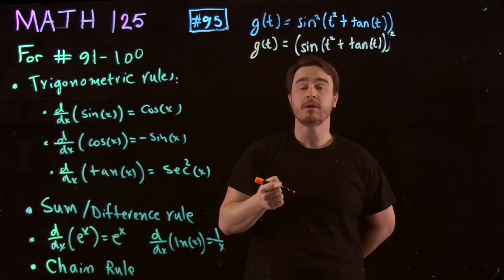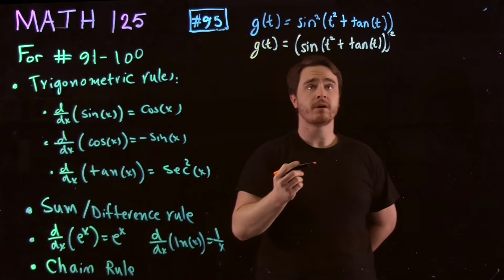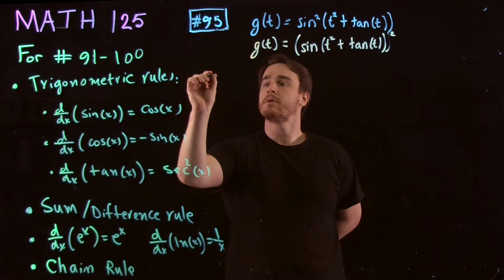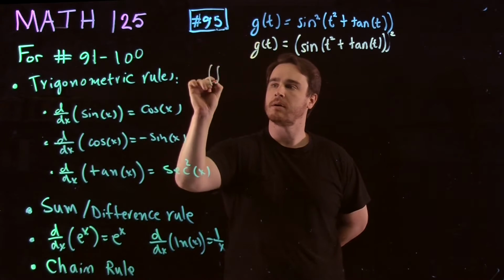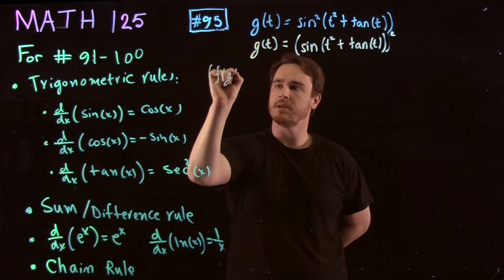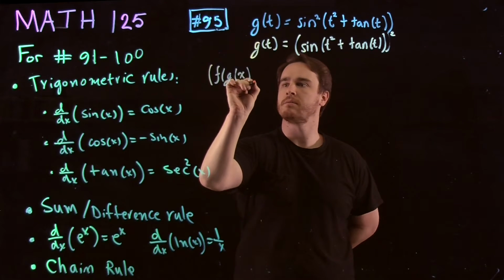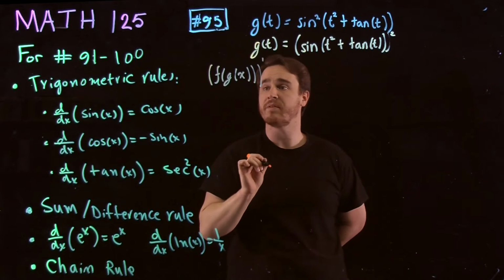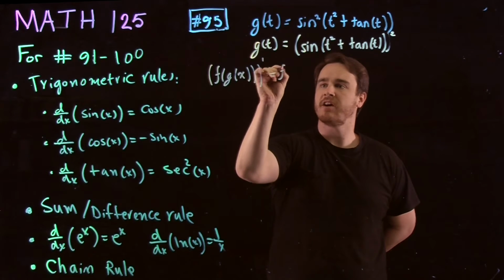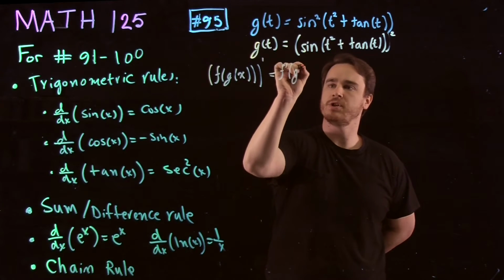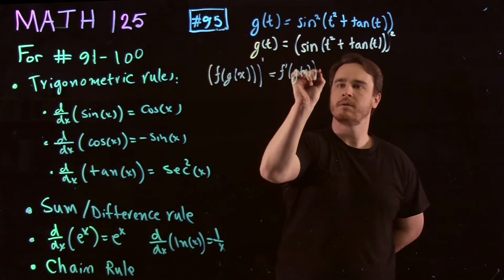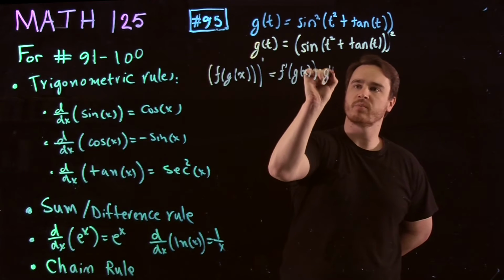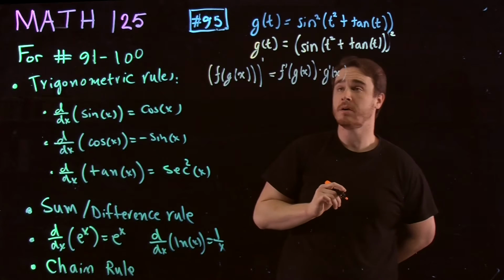So here we have multiple sets of parentheses. That should be your clue to know that we're going to be doing chain rule. To recall first, for f of g of x, I want to take the derivative of that. So that's f prime of g of x times g prime of x.